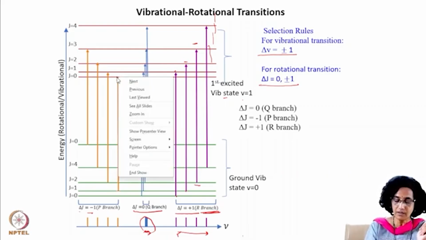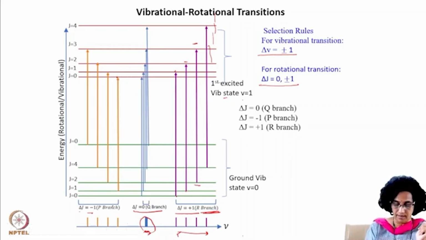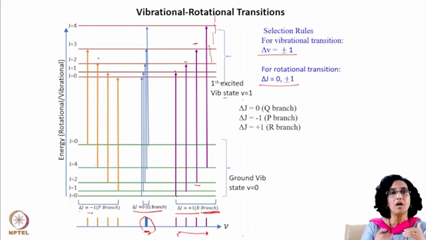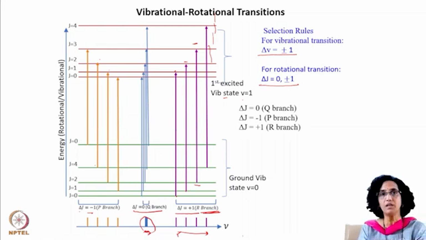So here the delta J is -1. So we are going from a higher J level to a lower J level, and therefore the energy separation is going to be less as compared to the R branch. This is quite obvious even when you actually draw it to scale or from the formula that we have derived.